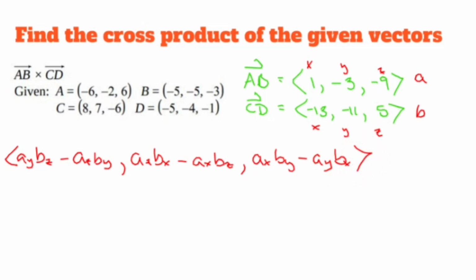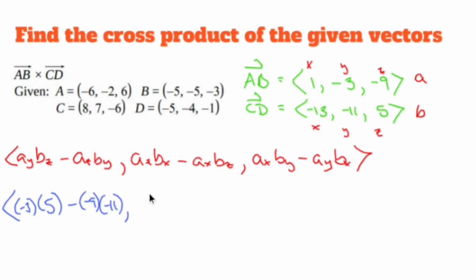And now it's a matter of plugging things in. A sub y is negative 3, b sub z is 5, minus a sub z, which is negative 9, b sub y, which is negative 11. Okay, so you get the idea.